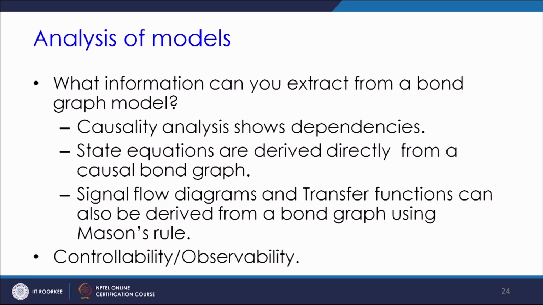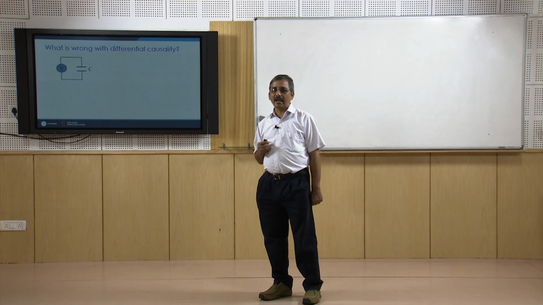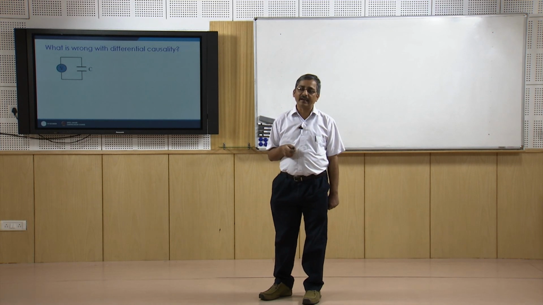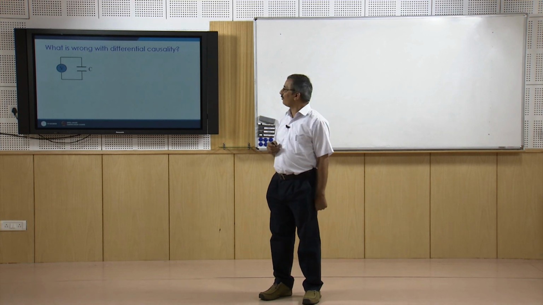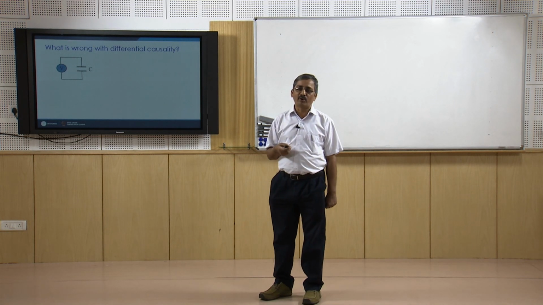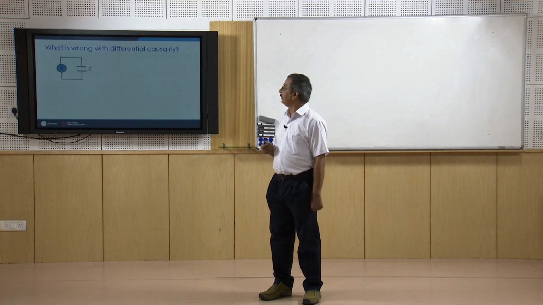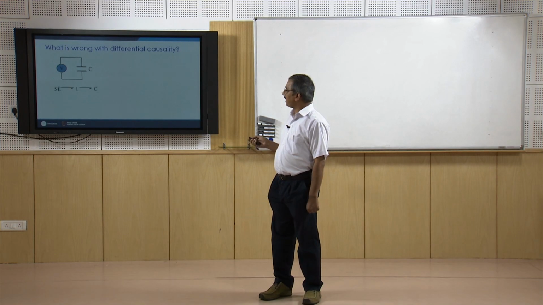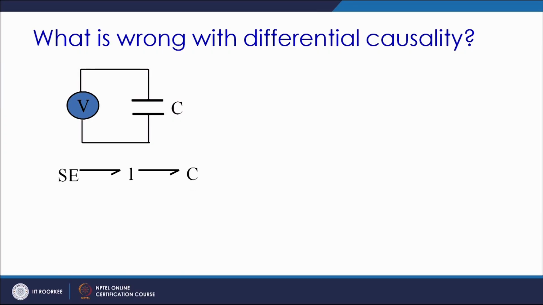Now, what is wrong with differential causality? I have been talking to you about integral and differential causality. So, let us see what is wrong in the modeling process if you get differential causality somewhere. Let us take an example of charging of a cell, say by a voltage source.